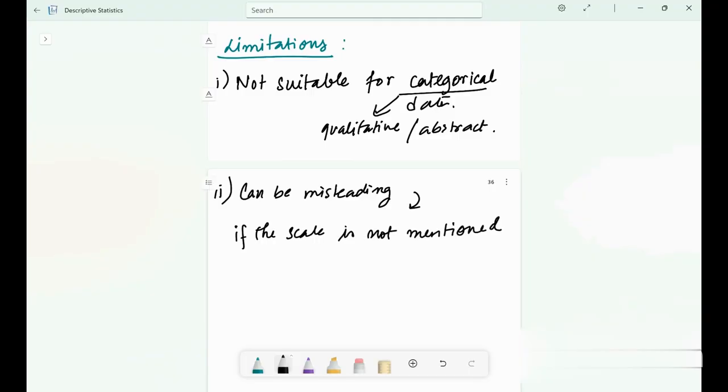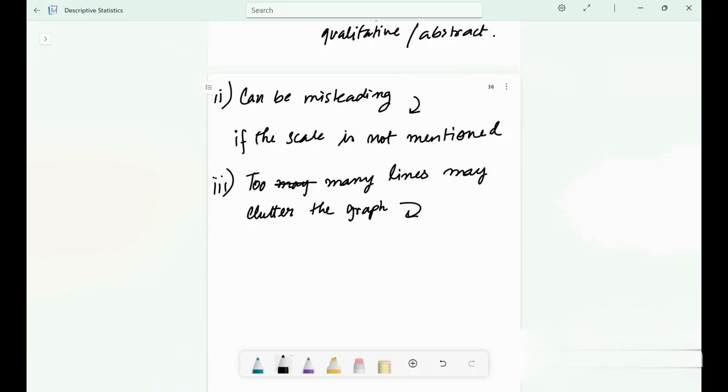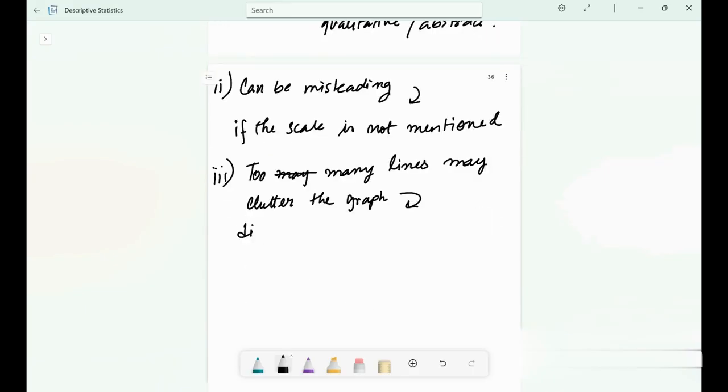Right? Third or the last limitation will be too many lines may clutter the graph, which will be difficult to understand.